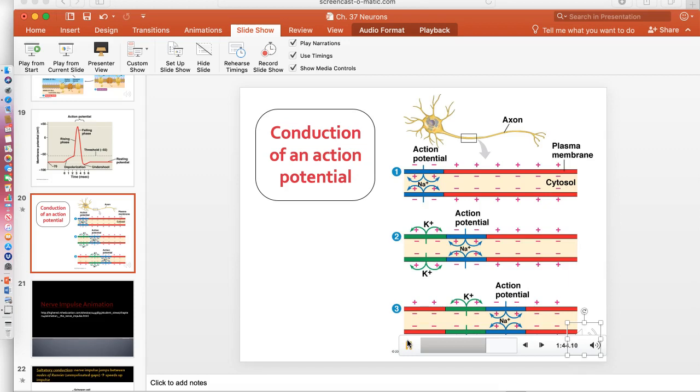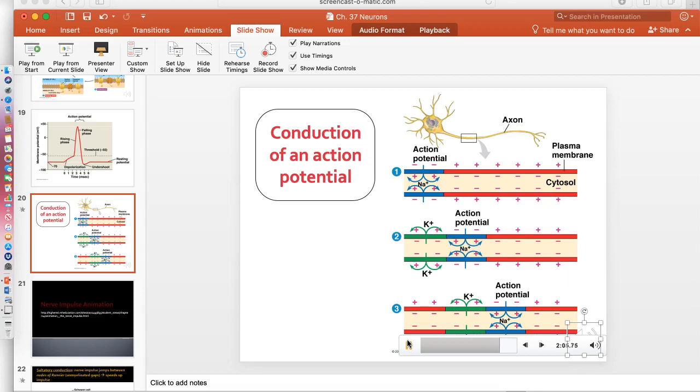And then when you look at part 3, the initial beginning where that action potential was is now back to the resting phase, negative on the inside, positive on the outside. And then the action potential has shifted towards the left. Again, influx of sodium inside, right where that action potential just was.